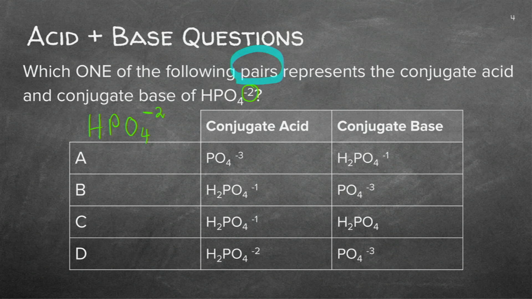So you want to know which of these 4 actually gave away a hydrogen. It seems like this one can give away a hydrogen. This one doesn't have a hydrogen to give away. Can you see this one can give away a hydrogen as well as that one? So we already know this could be an answer. It seems like this is already 2 minus. So this one and that one can't be one of the pairs.